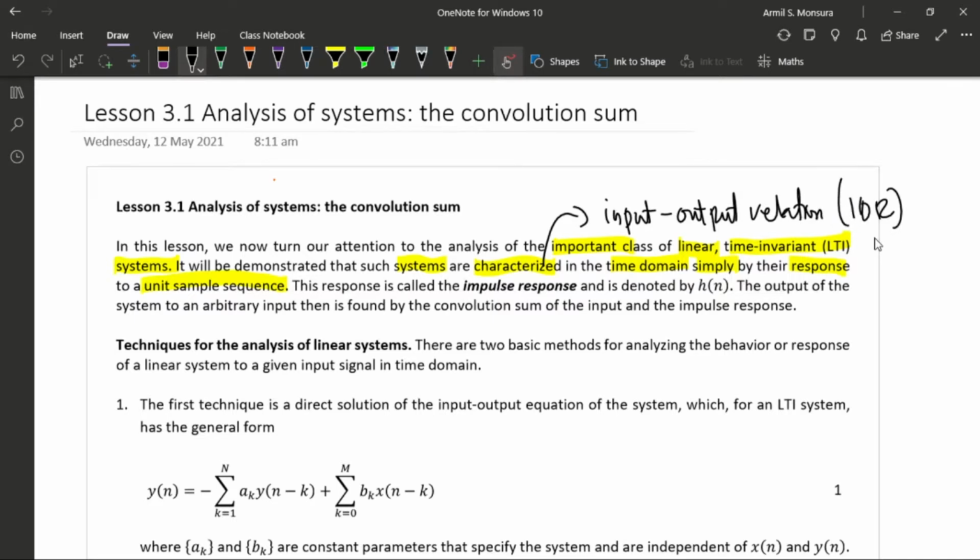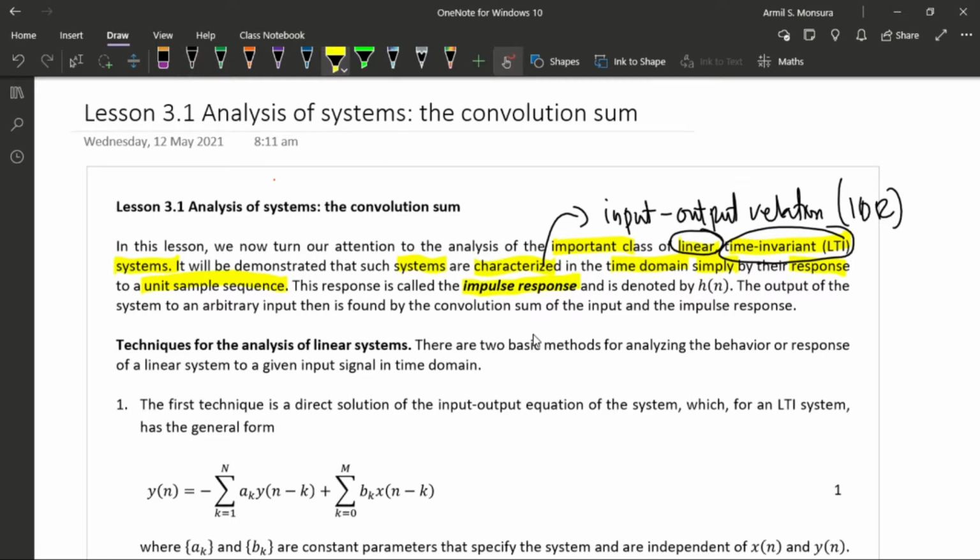Now that we have boiled down our discussion to a particular class of discrete time system, we will be studying an alternative to the input-output relation as a way to characterize the system. This characterization is what we consider the impulse response.